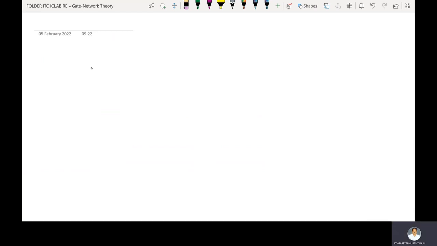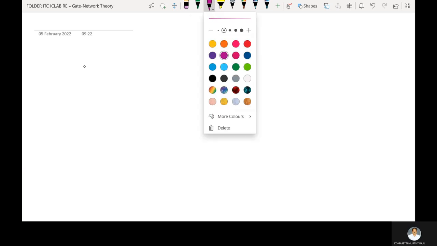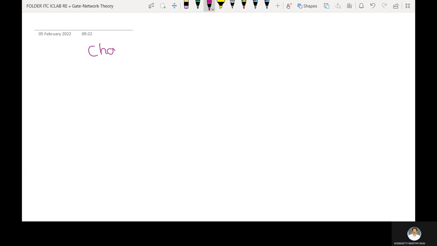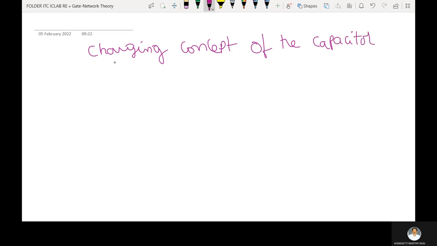In this video, I am going to explain the charging concept of the capacitor. First one, circuit diagram.